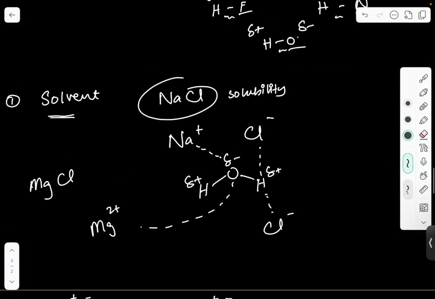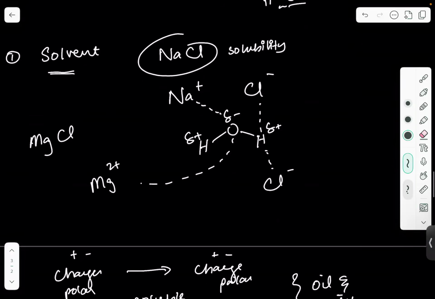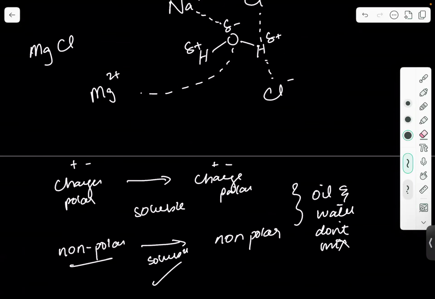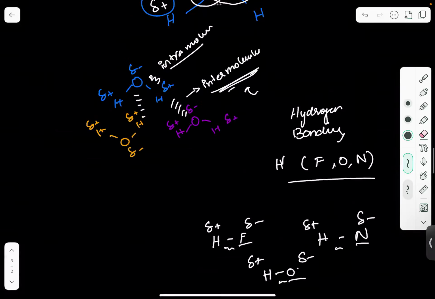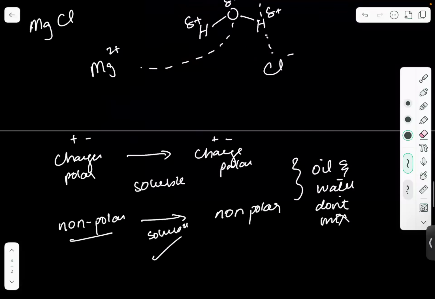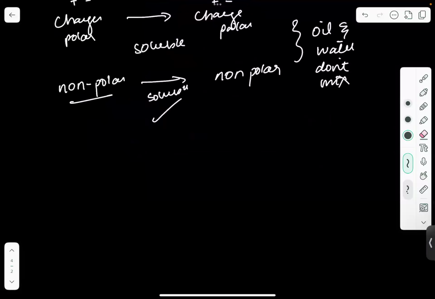So I hope that the idea of why things are soluble in water now makes sense because of the interaction of these charges. But it's the same concept of intermolecular forces that leads to other properties of water. Number two.